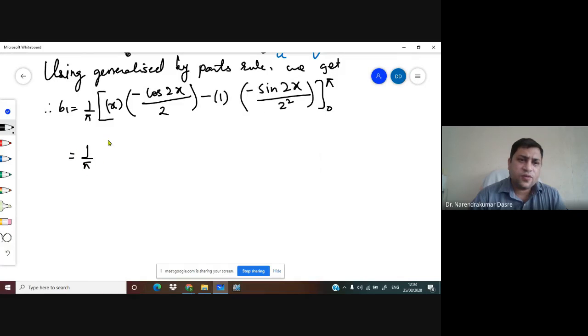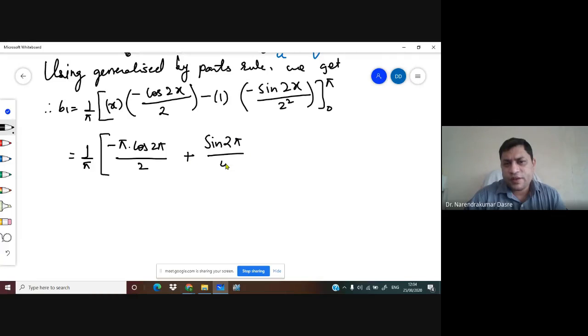So we get 1 upon pi. So if I apply pi, I'll be having minus pi cos of 2 pi by 2, minus minus plus sine of 2 pi by 4. Then minus, this term minus minus plus. So if I put 0, this will be 0. And this minus minus plus minus, we are using lower limit for minus. Sine of 0 is going to be 0. Anyhow, sine of 2 pi is also 0.